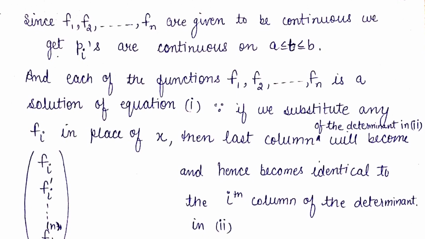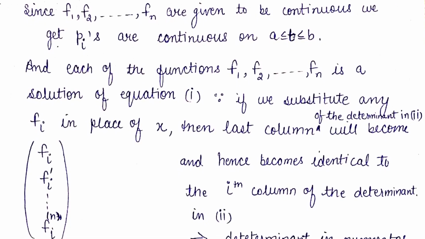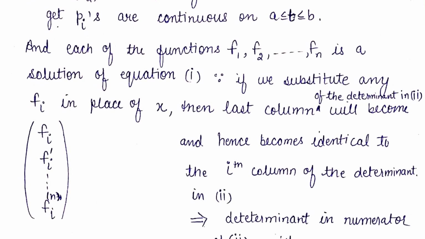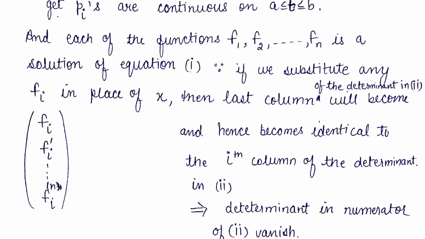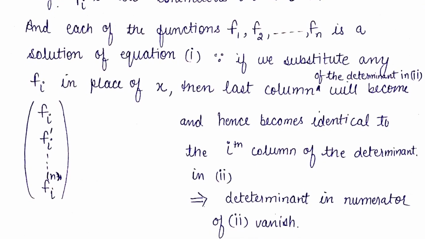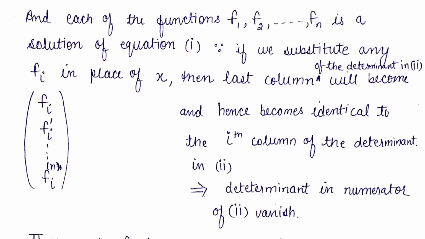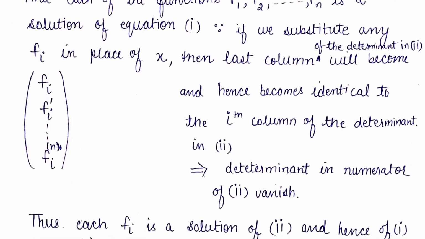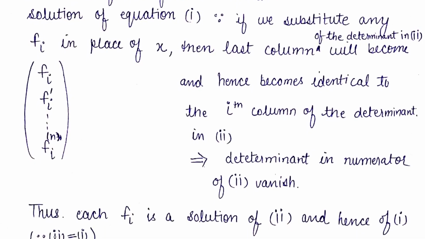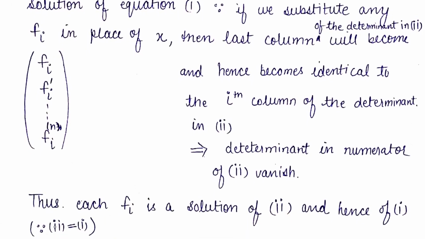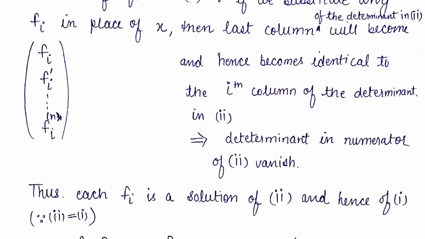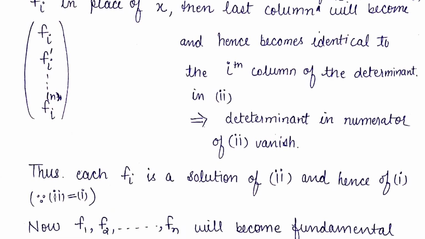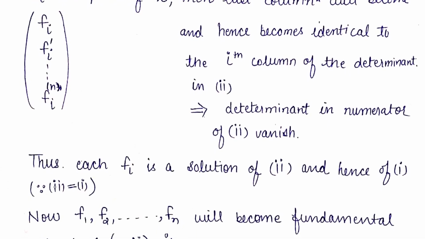Since f1, f2, fn are given to be continuous, we get that the pi's are all continuous on the given interval AB. And each of the functions f1, f2, fn is a solution of equation 1, because if you substitute any of these fi's in place of x, you will get two identical columns in equation number 2, representing equation 1 in the determinant form.